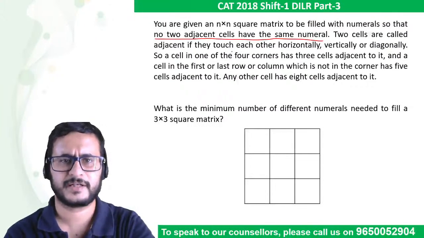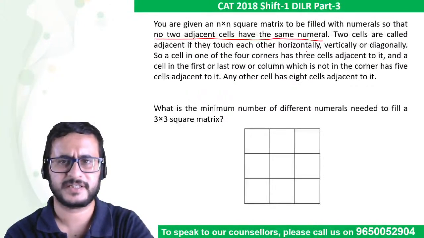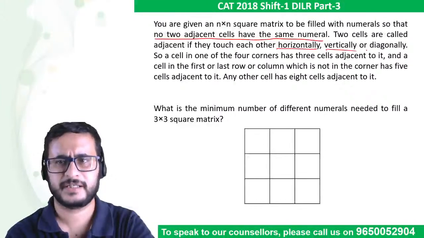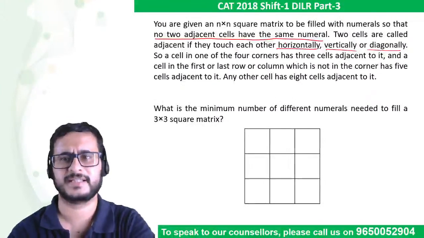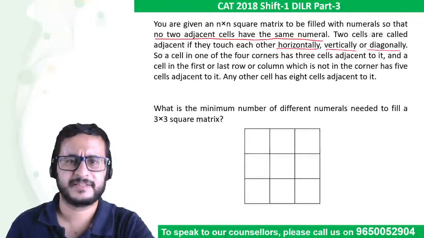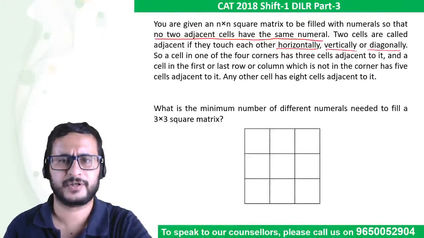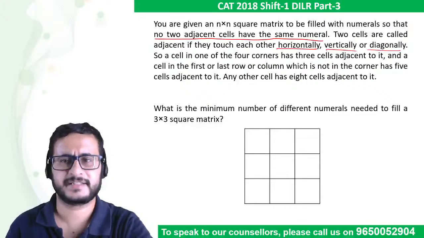Two cells are called adjacent if they touch each other horizontally, vertically, or diagonally. So a cell in one of the 4 corners has 3 cells adjacent to it, and a cell in the first or last row or any column which is not in the corner has 5 cells adjacent to it. Any other cell has 8 cells adjacent to it.